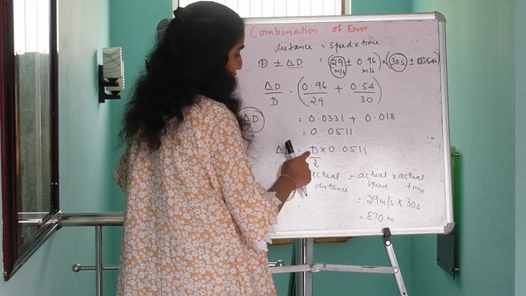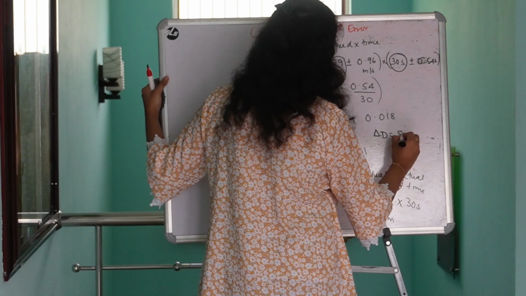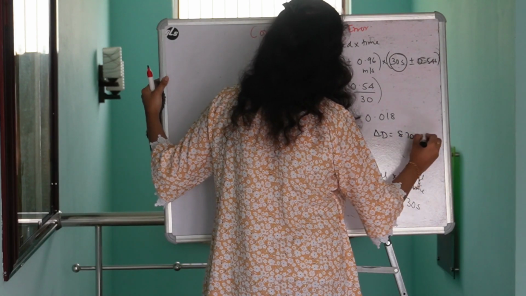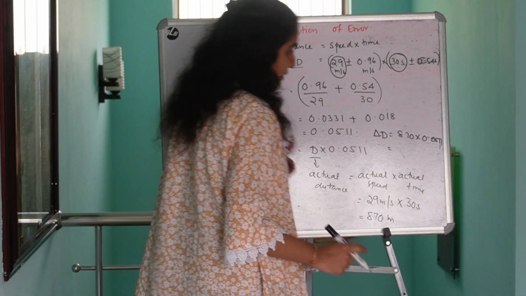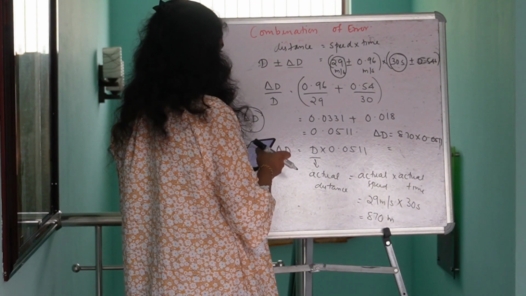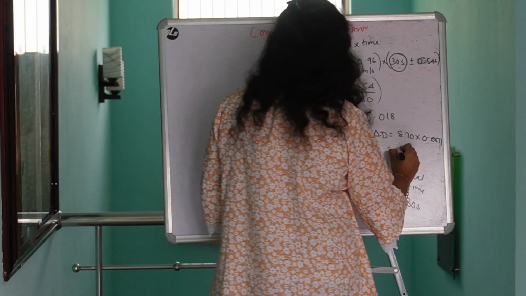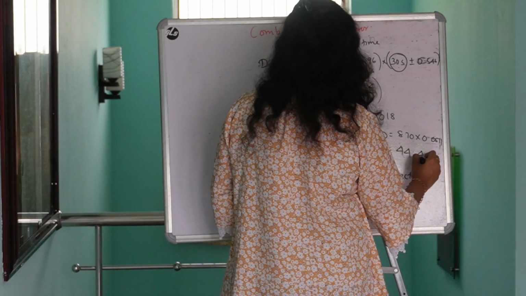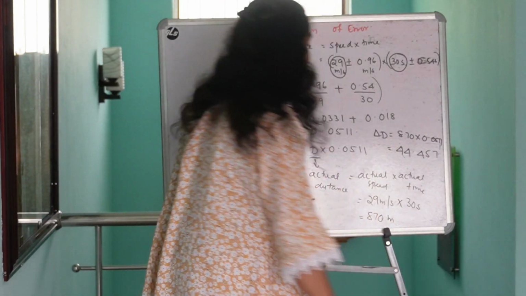So here we have to substitute the value of D. So del D is equal to 870 into 0.0511, and that is equal to 44.457.